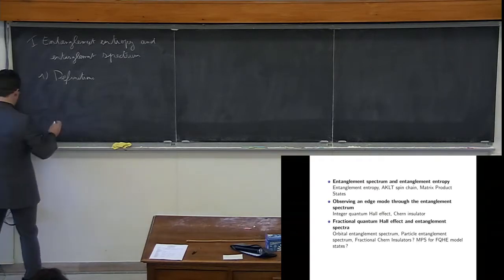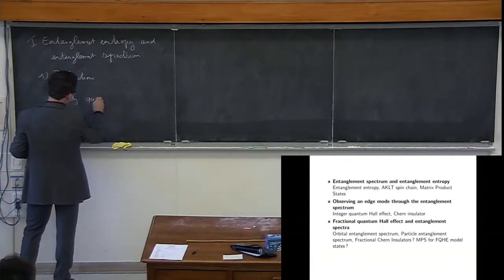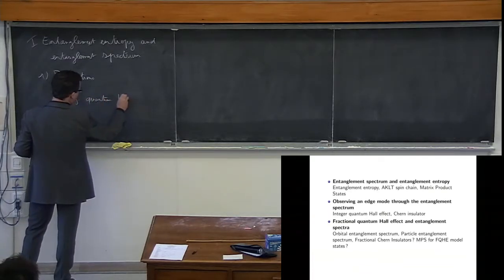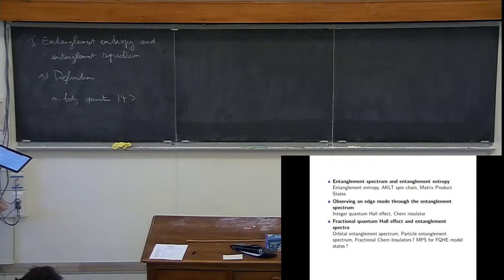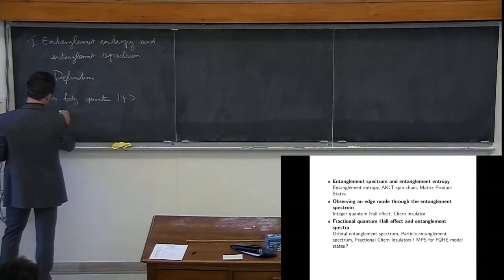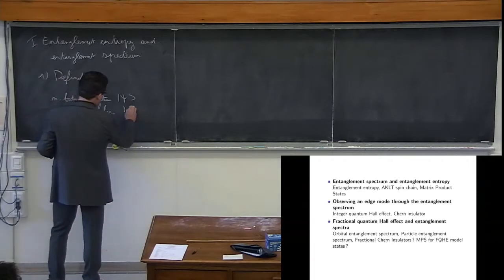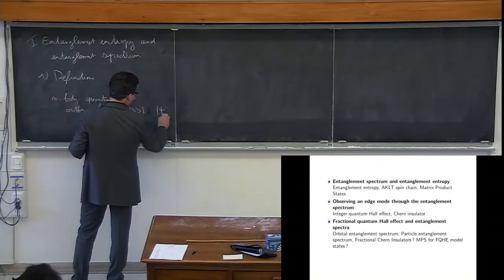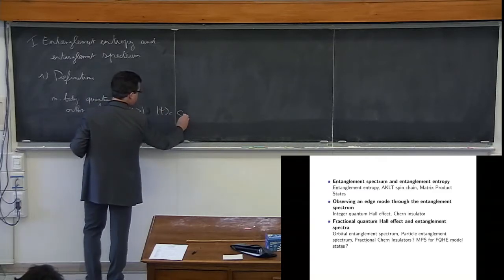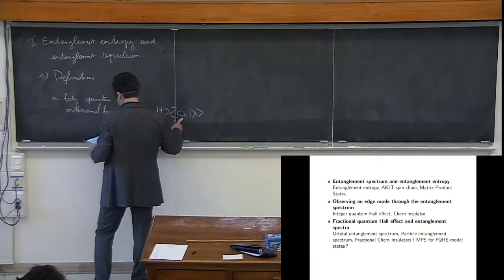So first, let's consider a single n-body quantum state, psi, that we can decompose onto an orthonormal basis. Let's call this basis lambda. So you can write down your state as a sum over all the configurations, some coefficient C lambda times lambda.